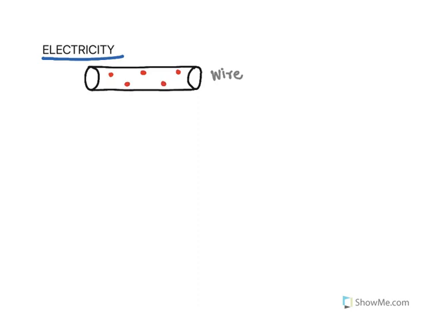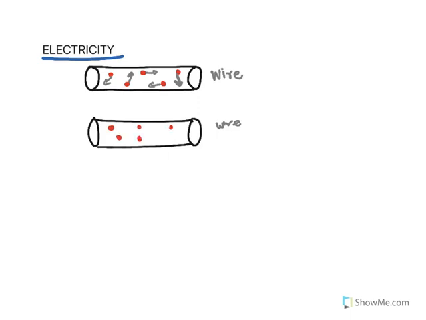But these electrons are able to move in all directions. Some are held tightly to the nucleus, some are free, and they move in all directions. Now again, here, these are the electrons. Now what would happen if this end of the wire was made positive while this end of the wire was made negative?